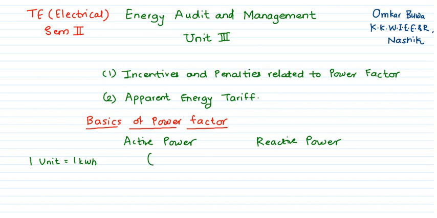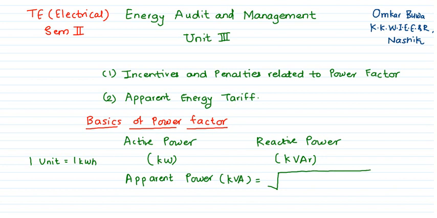So this I will express as kilowatt, this will be expressed as kVAR, and the combination of these two, which is called apparent power, which is nothing but kVA, is equal to, there is some vector relationship, that's why the magnitude is calculated in this manner.